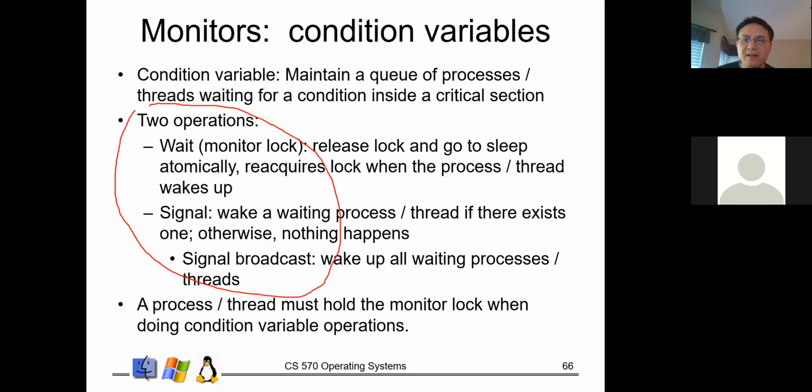Now, one thing we need to understand is that a thread must hold the lock to call these two operations. You got that? A thread or process must hold the lock to the monitor to be able to call either one of these operations. Because you need to have the lock, then you can call either wait or signal.